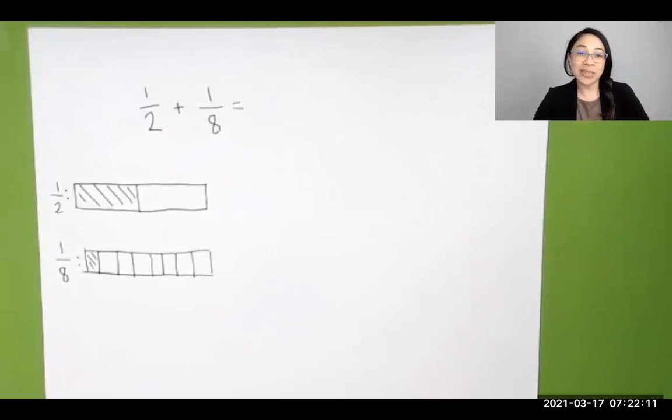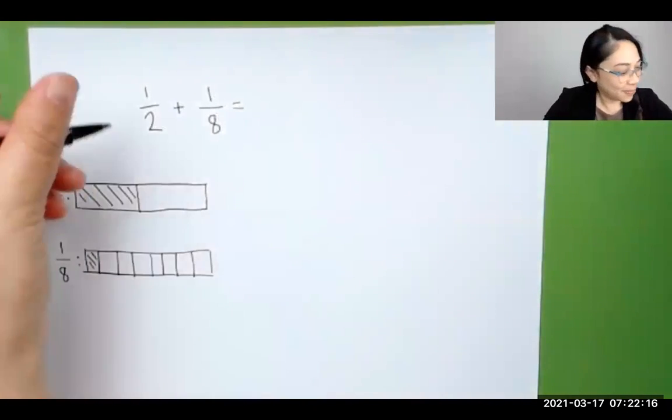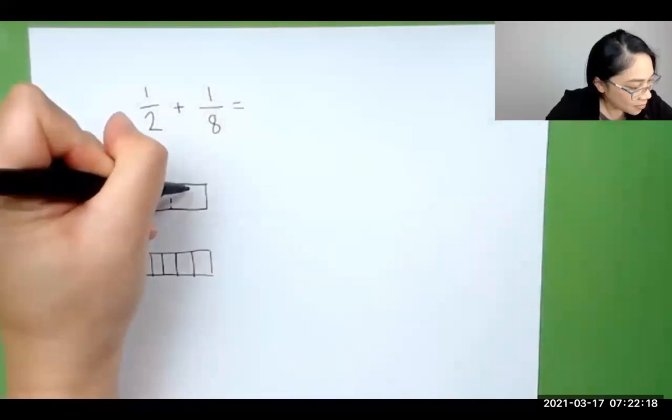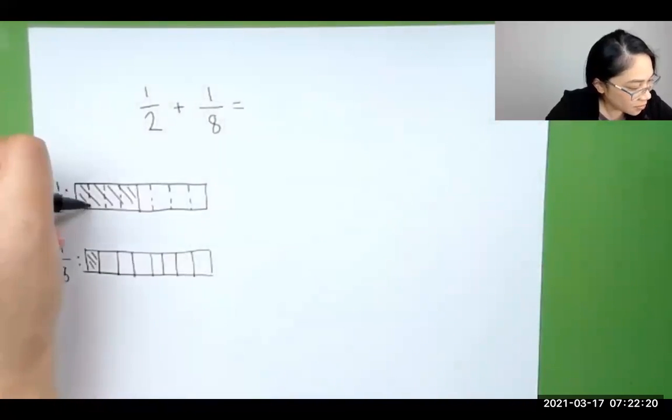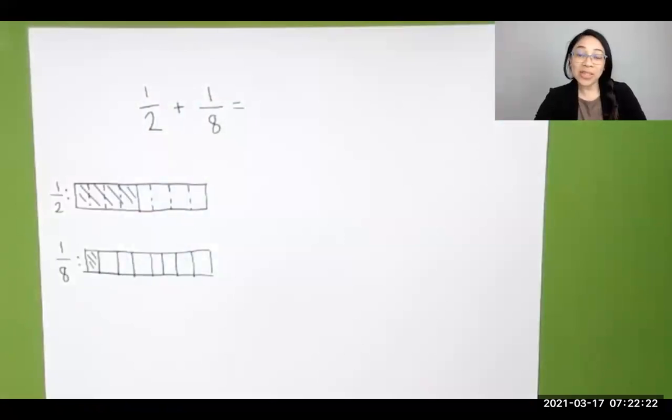We can decompose the halves into 8ths. How many 8ths are shaded in 1/2? That's 4 8ths.